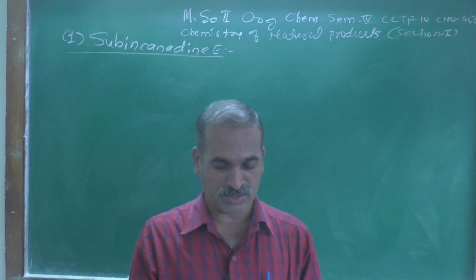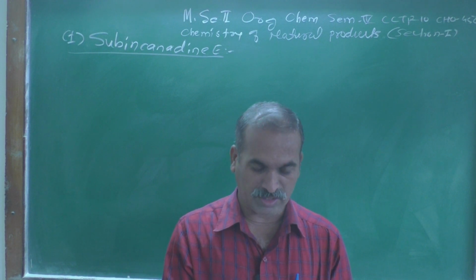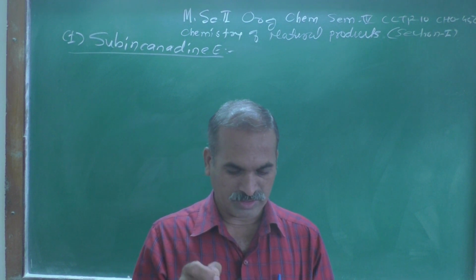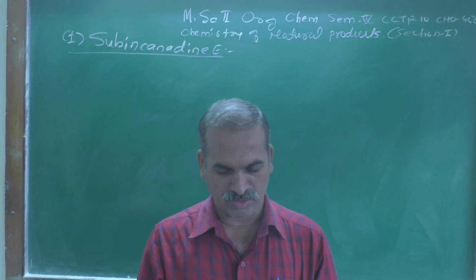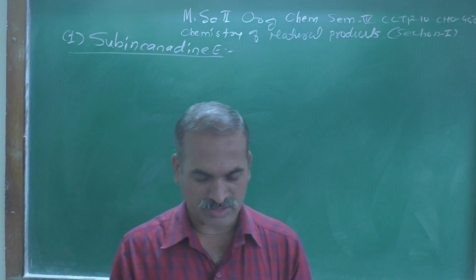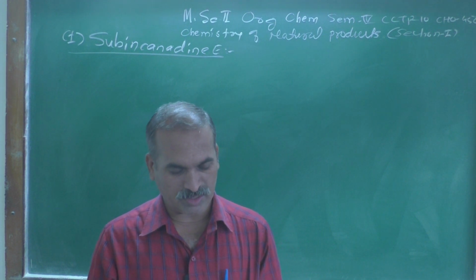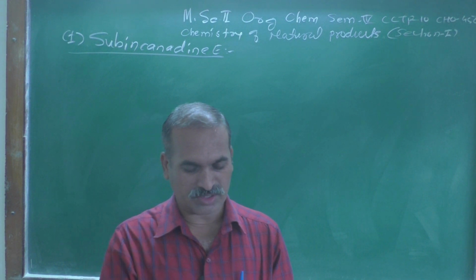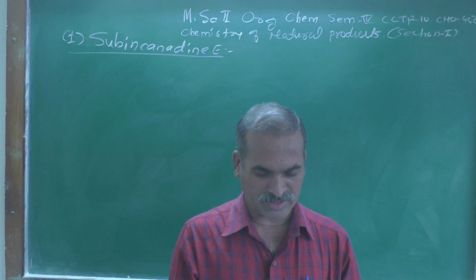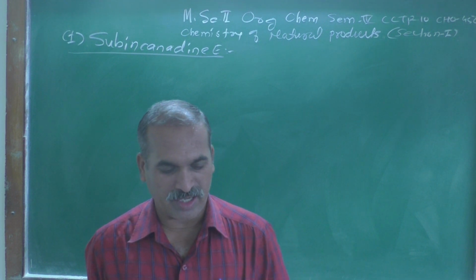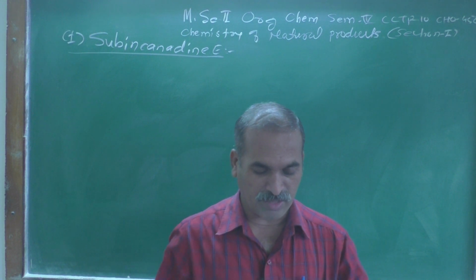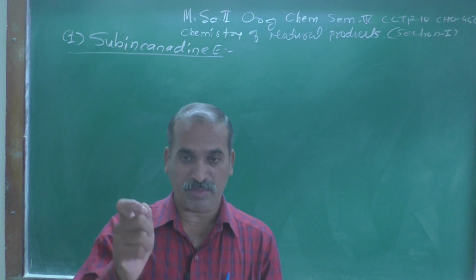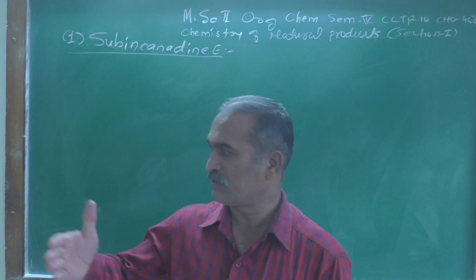It was published in the Journal of Organic Chemistry in 2017, volume number 82, pages 11126 to 11133, near about 7 to 8 pages, and the title of this paper is the total synthesis of plus-minus Subincanadine E and determination of absolute configuration.